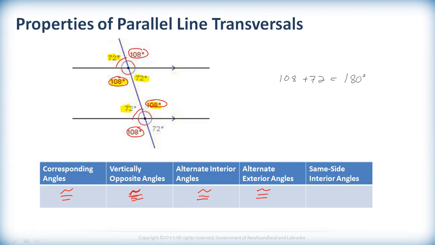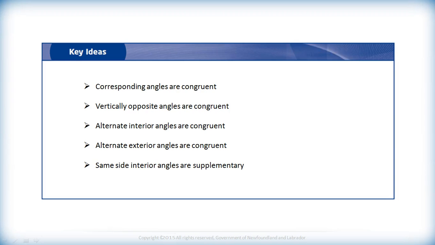So same side interior angles are what we call supplementary. Supplementary angles means they add up to 180 degrees. Okay? And those are the main properties that we have to know about. Corresponding angles are congruent, vertically opposite are congruent, alternate interior are congruent, alternate exterior are congruent, but same side interior are supplementary. And that's it.